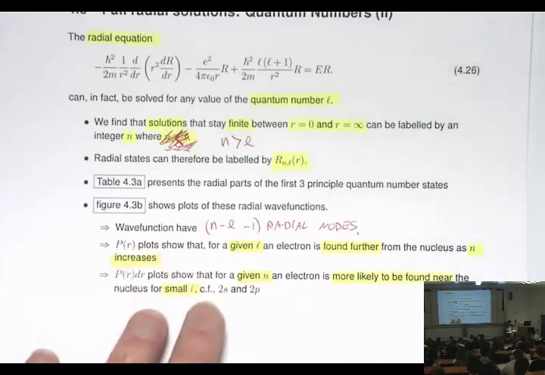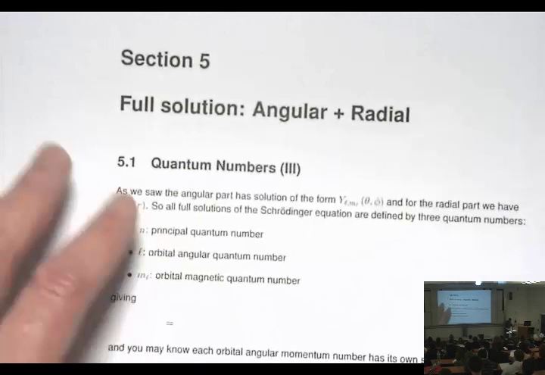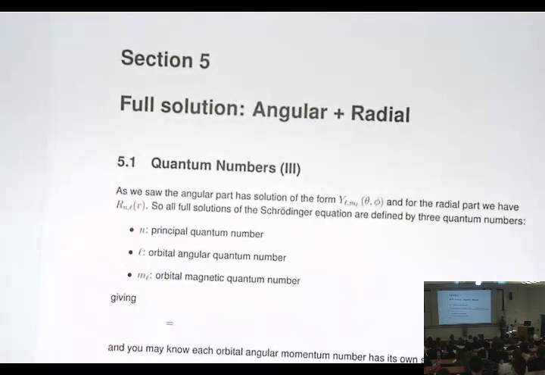Okay, so now we stitch them all together. How many quantum numbers do we have? We have 3. We've got 3 labels for our electron now, and that's all we need to know. Once we know that, we know nearly everything about our electron.